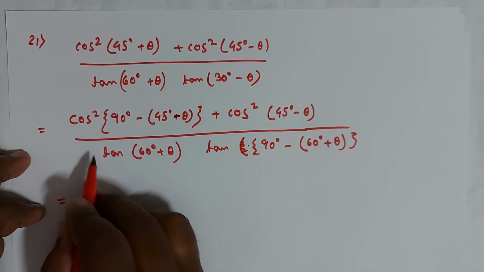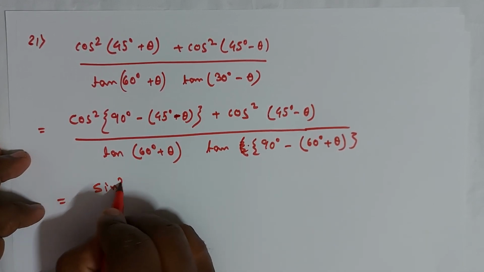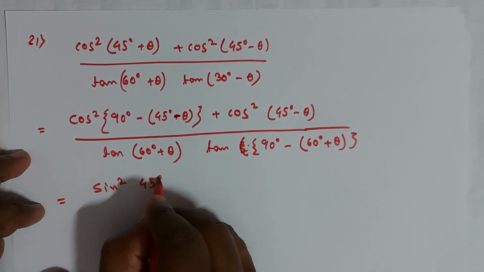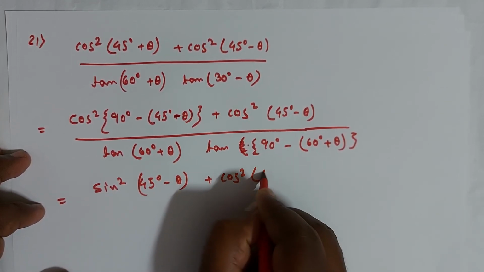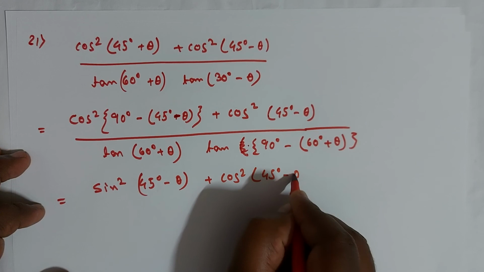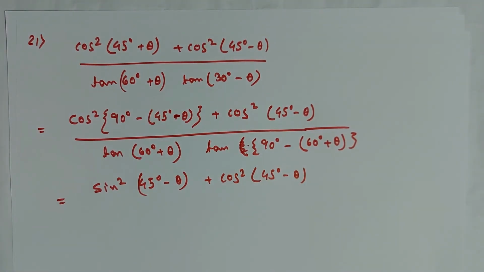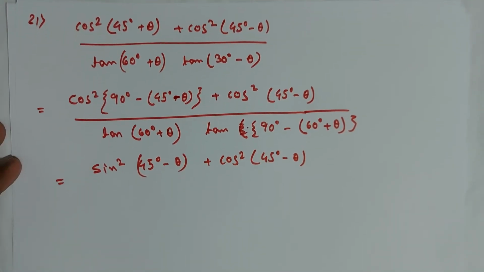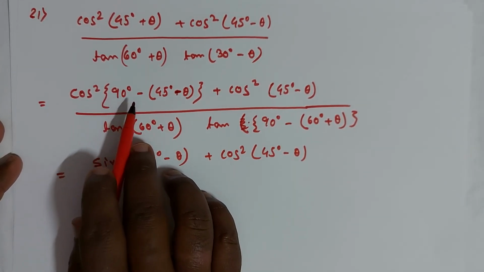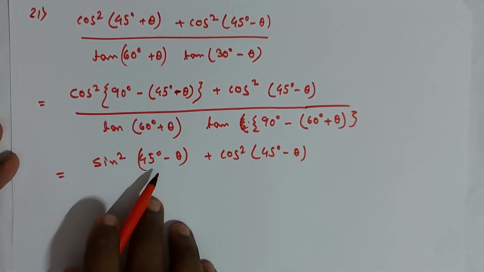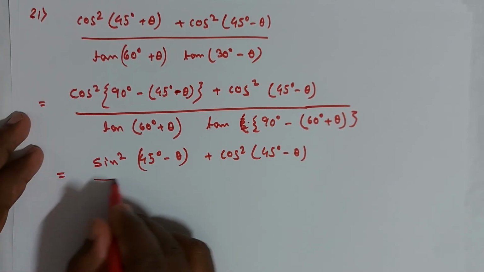So this we can write as sine square of 45 degree minus theta plus cos square of 45 degree minus theta. Okay, how? Cos of 90 minus theta is sine theta. That formula we have applied here.